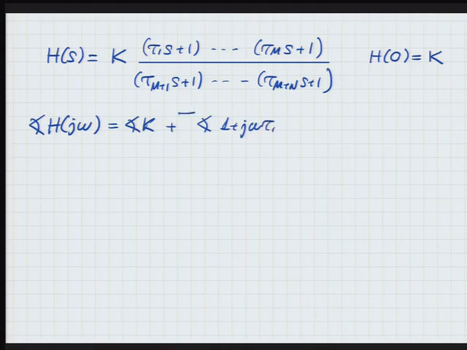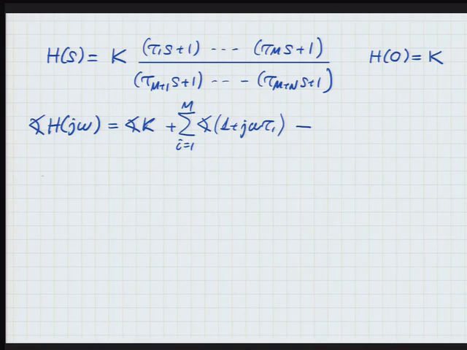So the sum of those from i equals 1 to m. For the zeros, you add those up, right? These angles. And for the poles, you subtract them. That's because, when you're multiplying and dividing complex numbers, their phases add up or subtract, right? Is that clear? I mean, that's one of the first things we discussed when we were reviewing complex numbers.